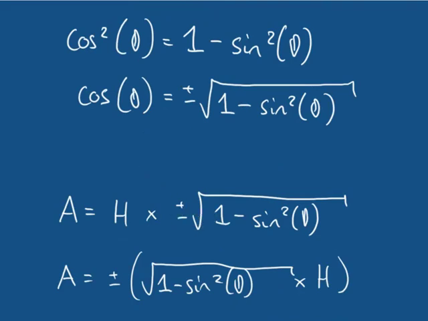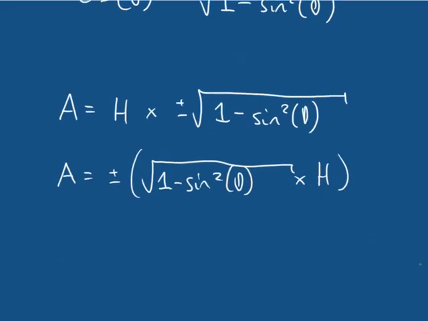It would give us a negative value. If we took the plus, we get the hypotenuse times the plus, it would give us a positive value. So why not calculate this value once and then take the positive or the negative of it?